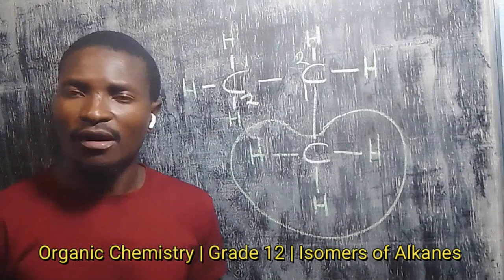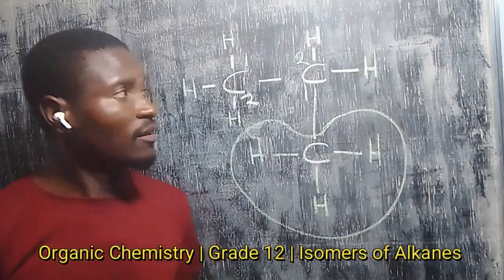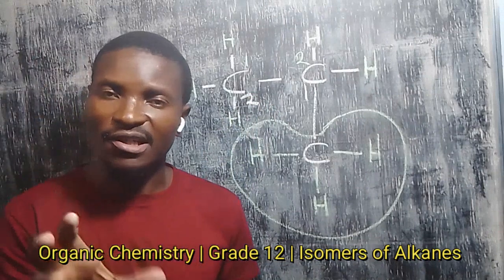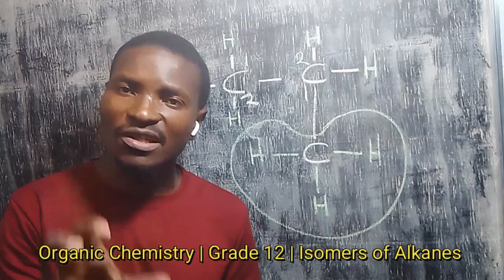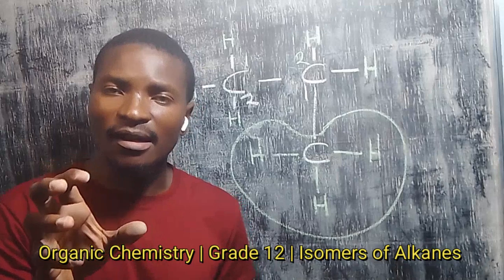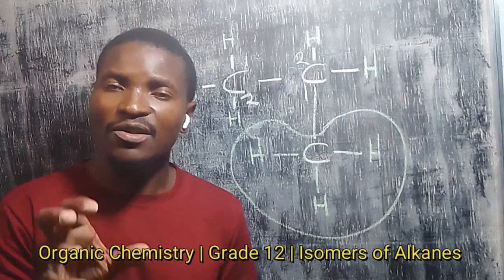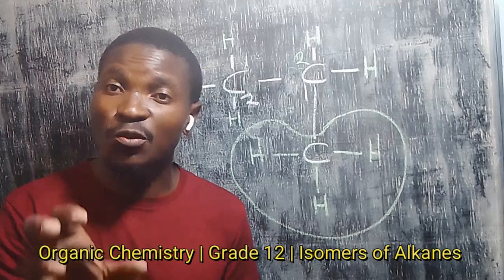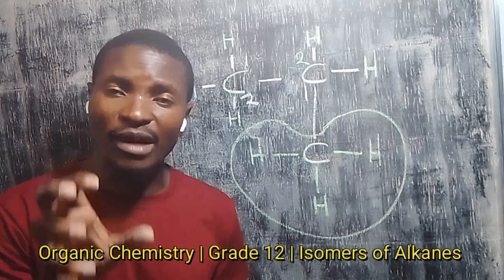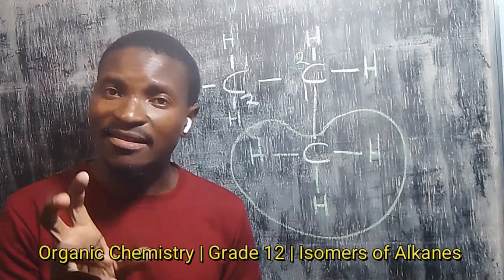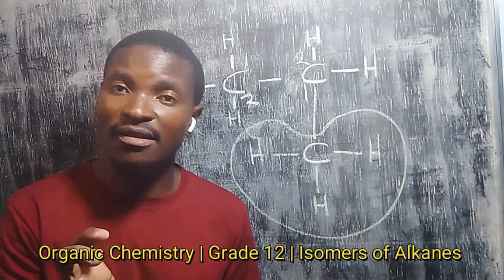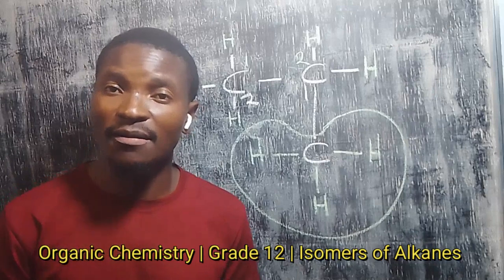The reason why you're doing that is because you want to locate the branching off. You want to find the shortest distance possible at which the branching off has taken place, and that is the key fundamental in understanding isomers in organic chemistry.